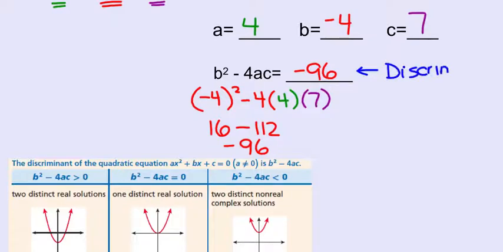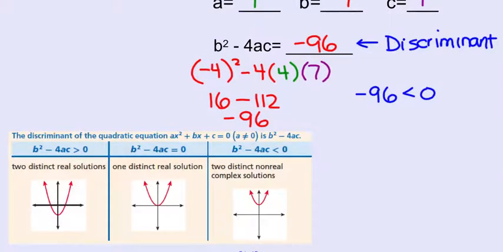Now, is that discriminant greater than 0, equal to 0, or less than 0? Our discriminant, -96, is less than 0. So if we look at this, our discriminant is less than 0, we have two complex solutions, imaginary solutions.